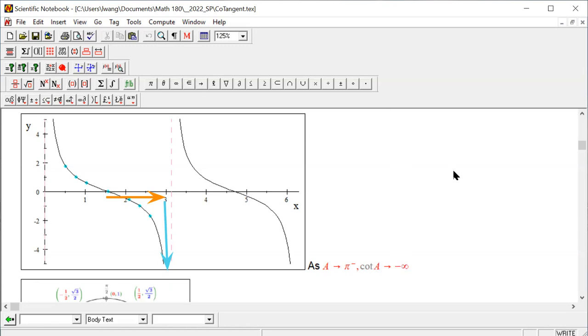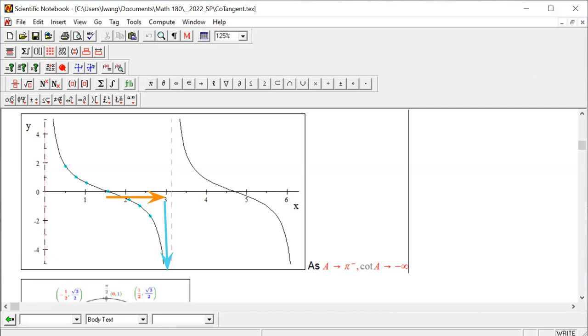Very, very useful stuff for your future calculus classes. And it follows a similar pattern. This piece approaches pi from larger than pi and then approaches positive infinity; approaching 2 pi from smaller than 2 pi, it approaches negative infinity. So it just goes on and on and on.